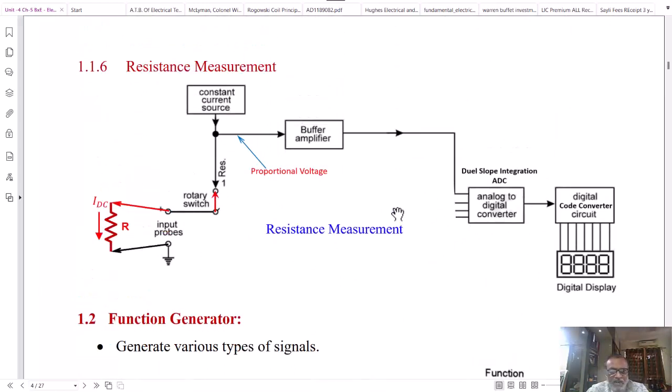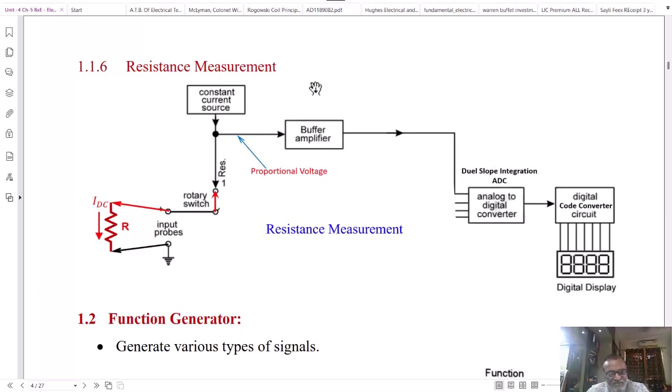The next parameter measurement is resistance measurement. How is resistance measured? Up till now we have seen that these three blocks, analog to digital converter, code converter and display unit, respond to DC voltage and display the DC voltage connected to the analog to digital converter.